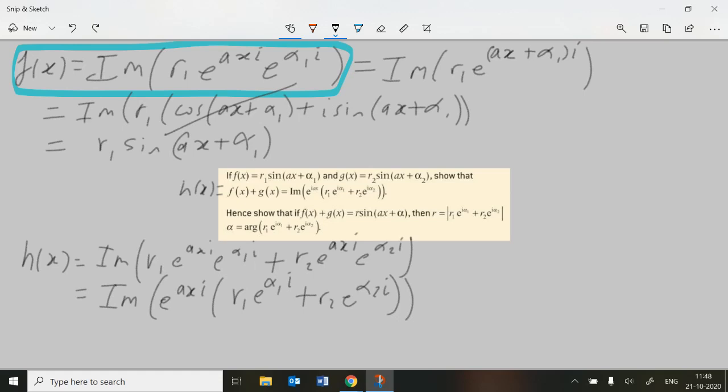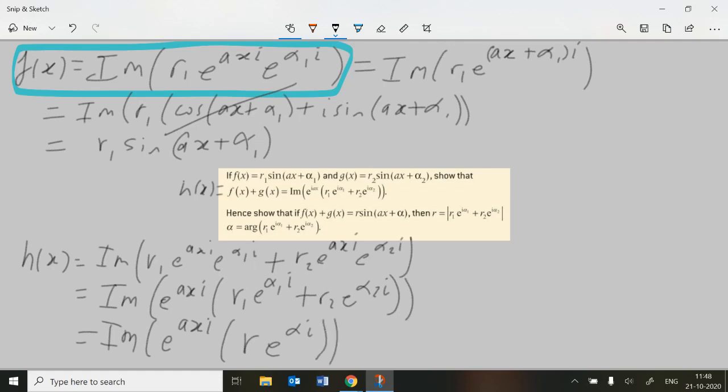Now we've got h of x is the imaginary part of this complex number here, and then we have a complex number plus a complex number, which gives us another complex number. We could call that complex number inside, so the imaginary part of e^(ax i), and then this one inside could be a complex number r e^(alpha i).